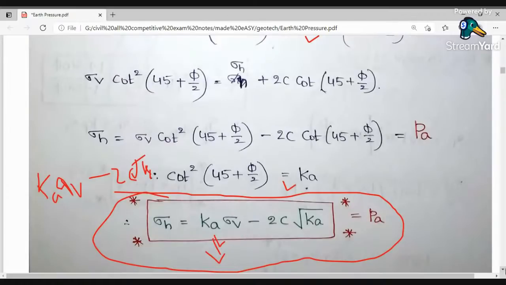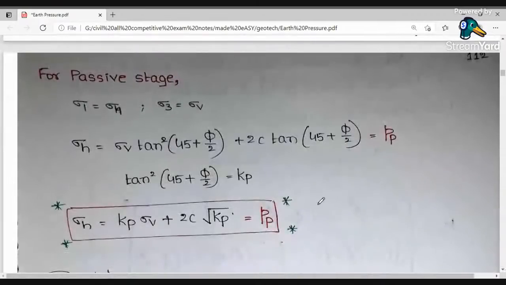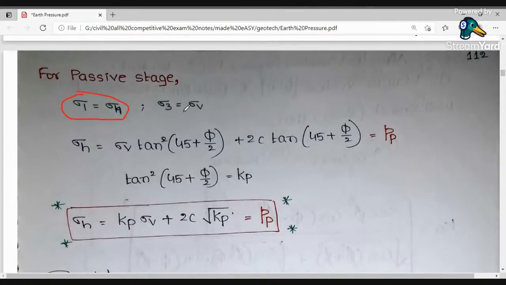So next we'll try to determine the passive stress formula. In case of passive stress formula, we can say that sigma 1 is nothing but sigma horizontal, since horizontal pressure is major, and we have sigma 3 equal to sigma v, since vertical pressure is minor, right?